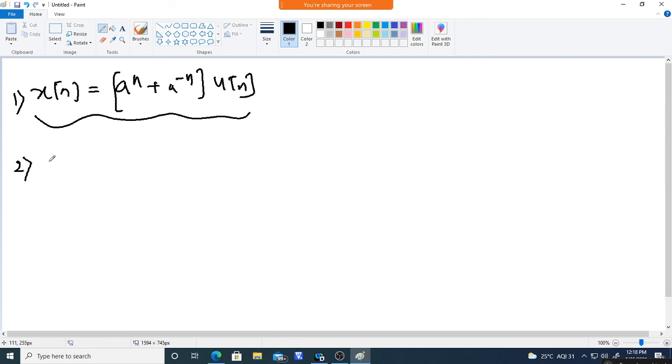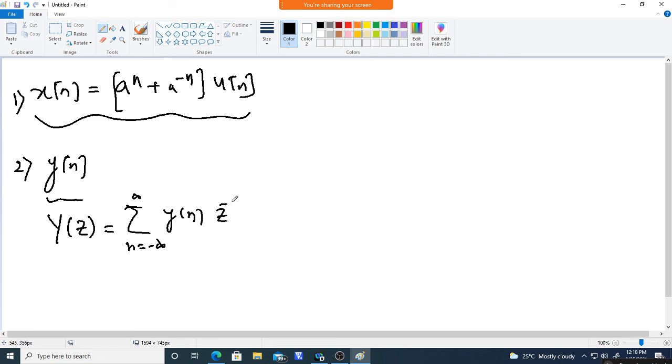And one more problem: y of n. Instead of x of n, just y of n is given, so don't confuse with x of n. This is also an input. In this case we can take the y of z. So y of z is equal to summation n equal to minus infinity to plus infinity y of n into z power minus n. Like this you can take if it is given in terms of y of n.